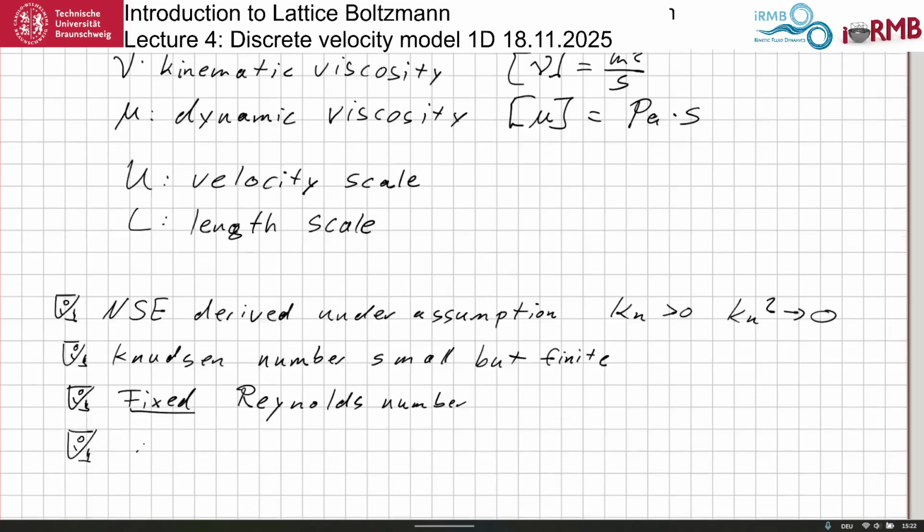This basically implies that the Mach number scales like the Knudsen number. So the Knudsen number and the Mach number are basically proportional to each other, because we said the Reynolds number is a constant and the Reynolds number is the ratio between the two.